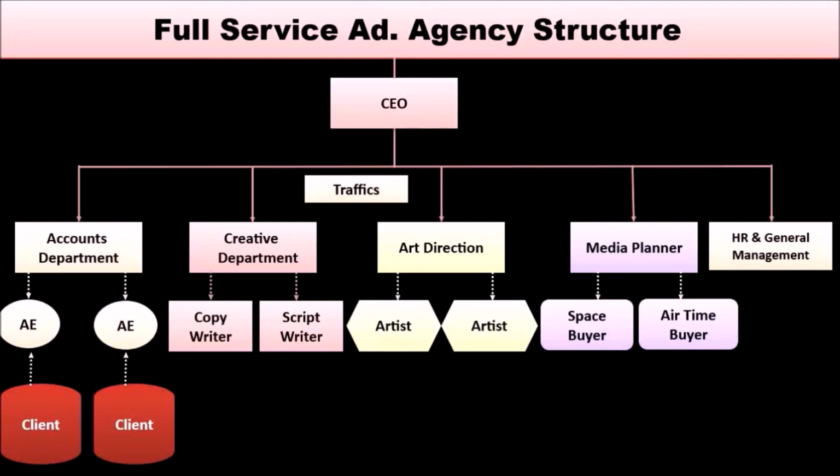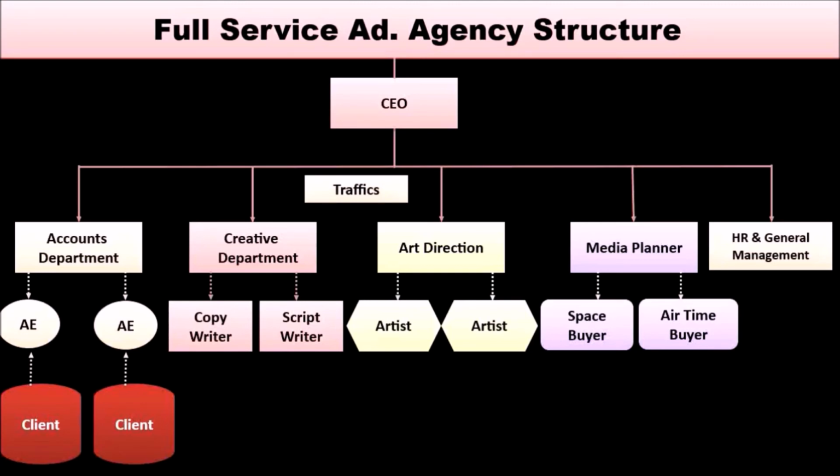Once the creative department has created an ad message for the client, it transfers that message to the accounts department. Accounts department presents that message to the client for approval. Once the client has given approval, accounts department transfers that ad message to art direction. Art direction is responsible for overall designing of a print ad or TV commercial.